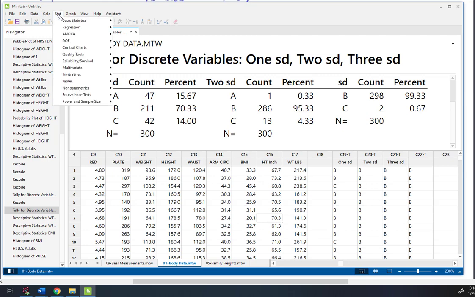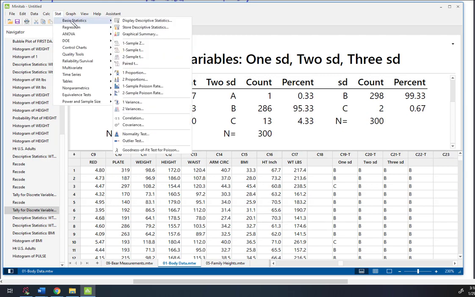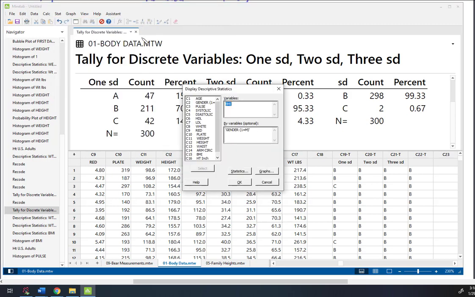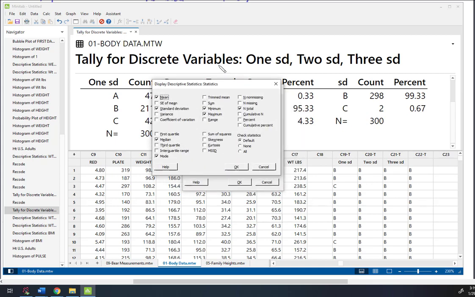Let's do that. Let's go to statistics and basic statistics and descriptive statistics, and let's use the weight in pounds data. I don't think we're going to separate that right now, and decide what statistics we want.